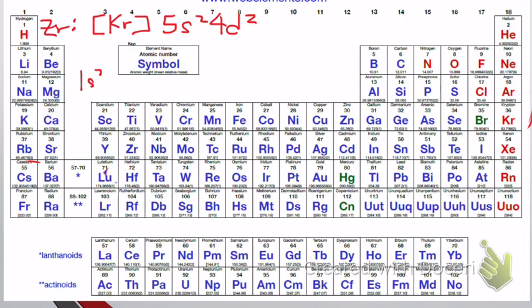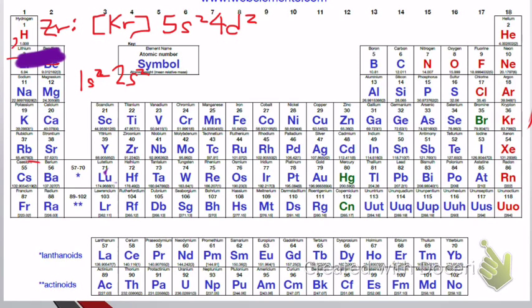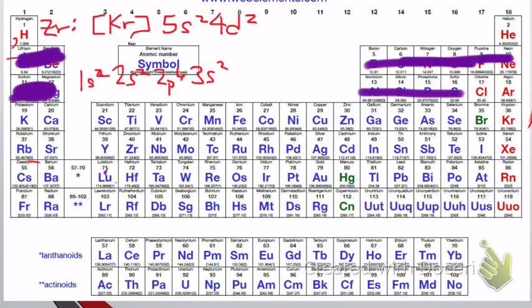Okay, so 1s2, that gets us through helium. 2s2, so now we've done those two. 2p6, 3s2, gets rid of those two. Trying to go back and forth between pens is difficult. 3p6 would get us through these 6.